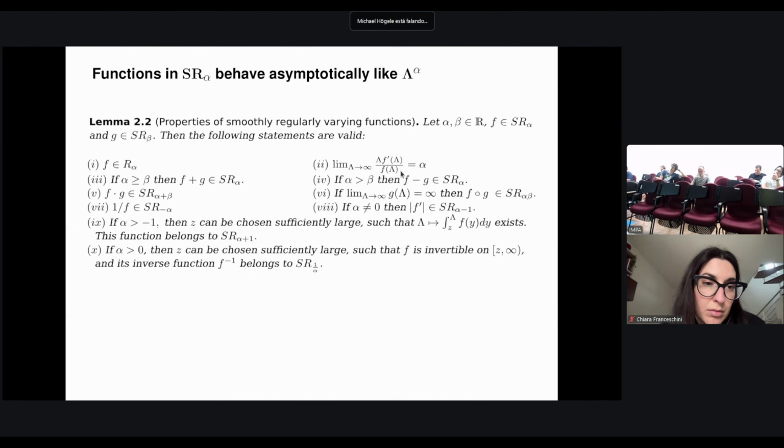In particular, lambda times f prime behaves essentially like f itself, up to the power which comes here. This means if you have a power function, you have just equality here. For a smoothly regularly varying function, you need this kind of behavior asymptotically.